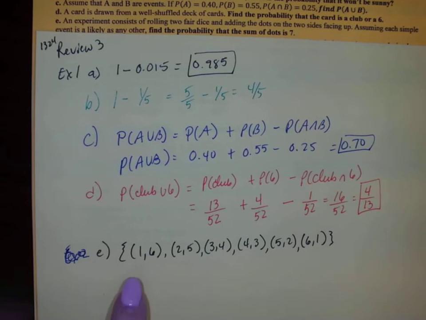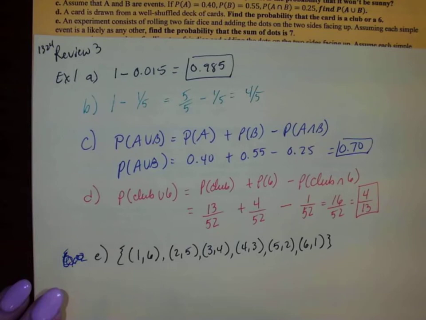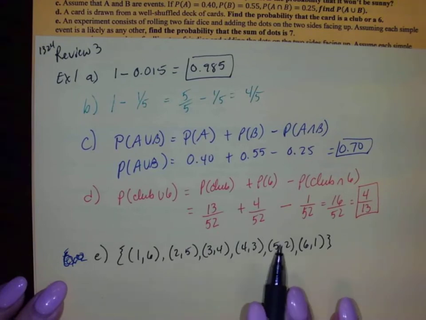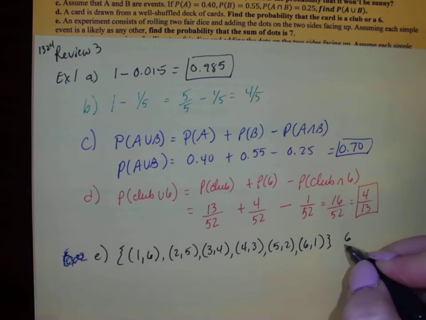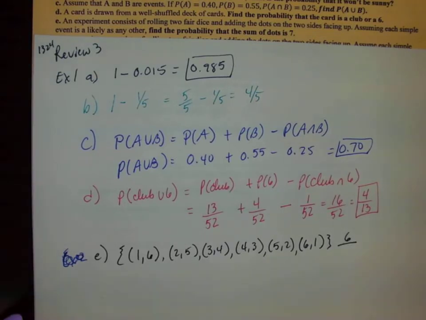So how many total do we have in our event? Because we haven't found the probability. We just found what the possibilities are. So we have 1, 2, 3, 4, 5, 6 options that give us 7 out of the total. Now, you have to remember how many total possibilities there are for the outcomes of rolling 2 dice.